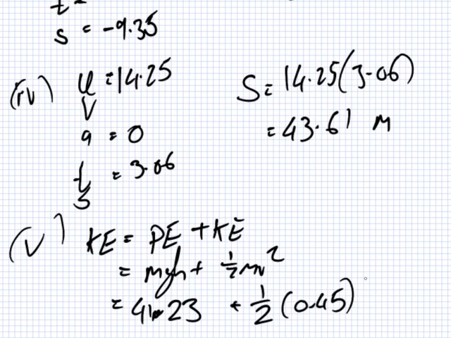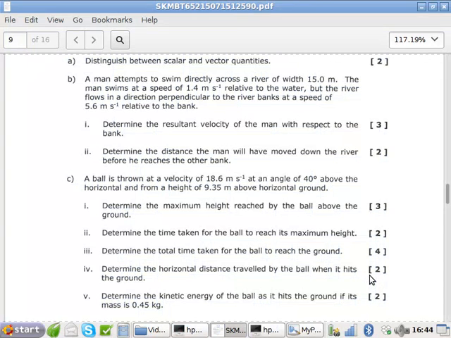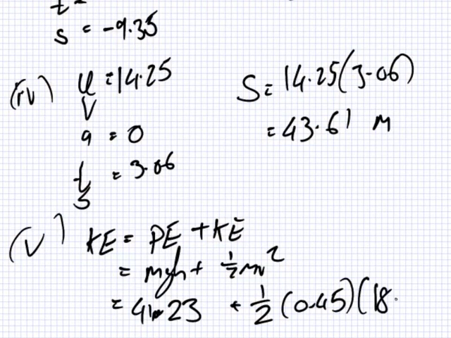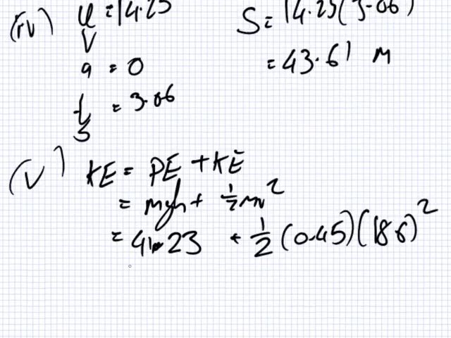What's the starting speed? 18.6. Okay, now I just have to add that piece in here. Plus a half mv squared. So total is now 119 joules.